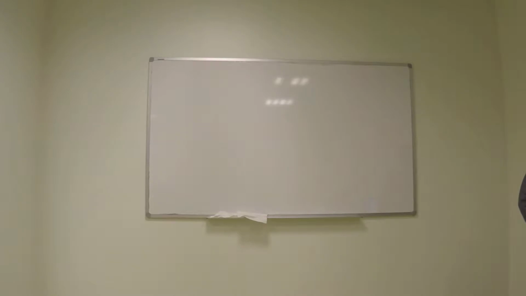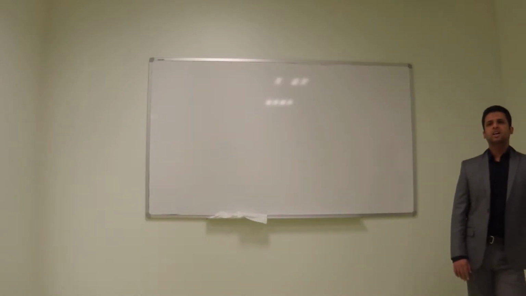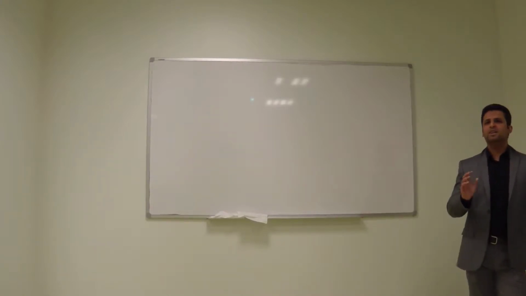Let's talk about zero force members. Sometimes you get a question in your exam asking what the zero force members are. One of the worst ways is to solve the truss.